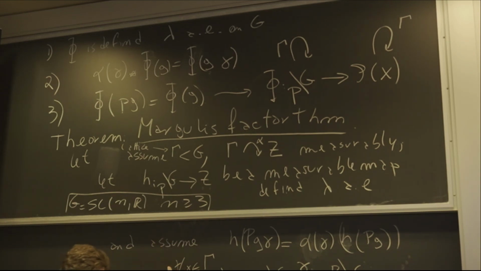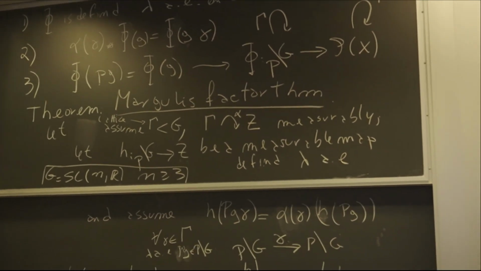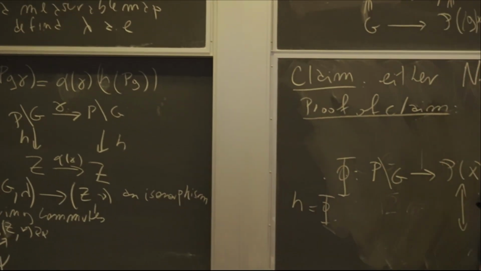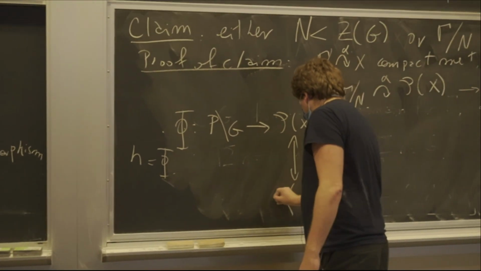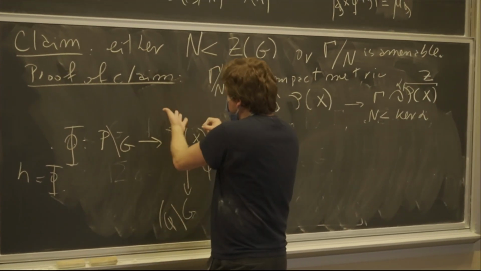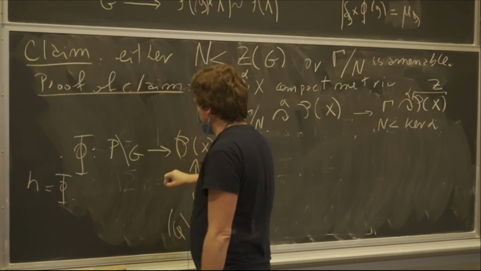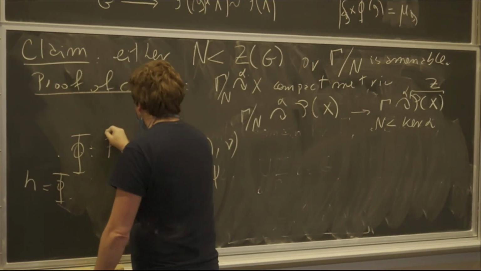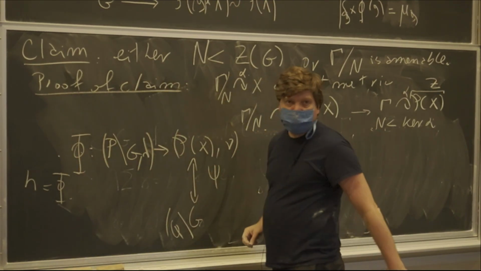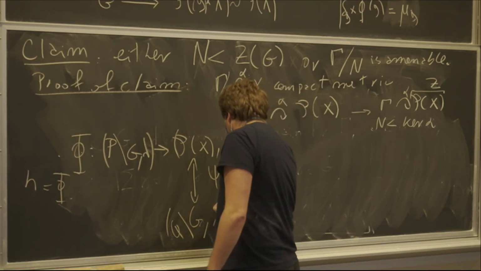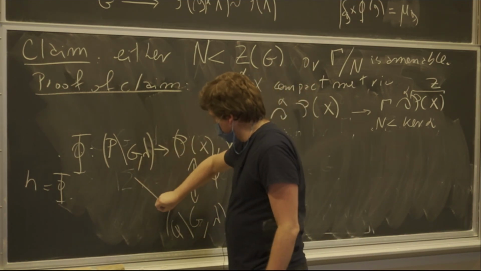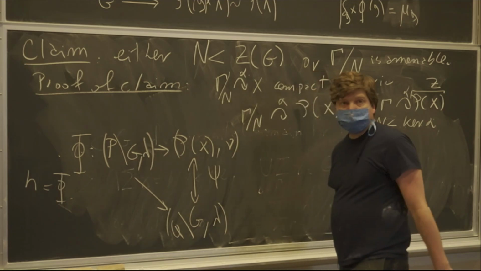So I am in the hypothesis of the theorem, and the thesis tells me that this, via psi, is the same as G mod Q with respect to some measure. There will appear some measure nu, which is just lambda pushed by phi, and I have this isomorphism and this projection.